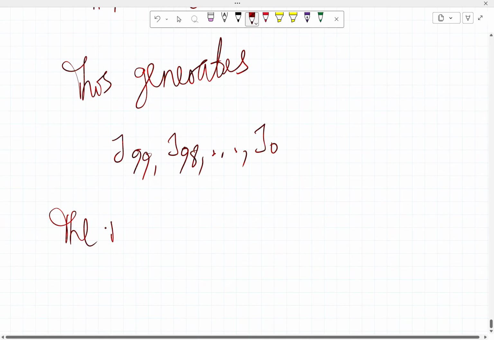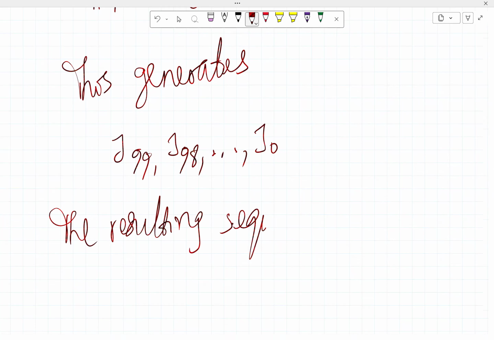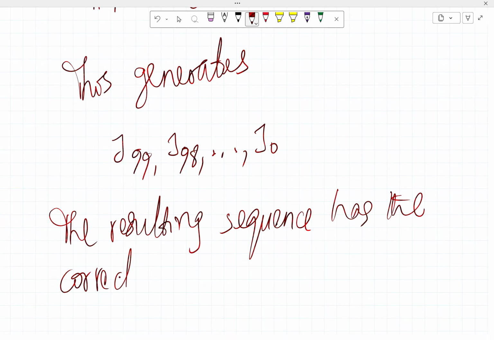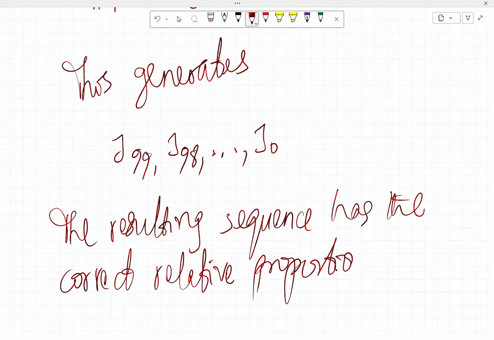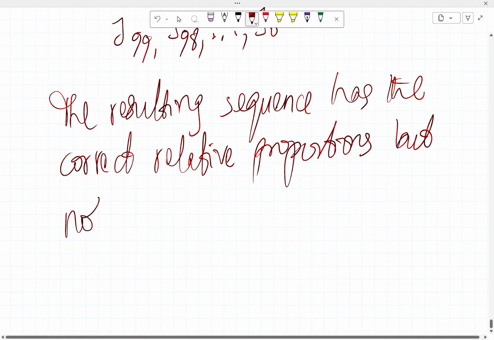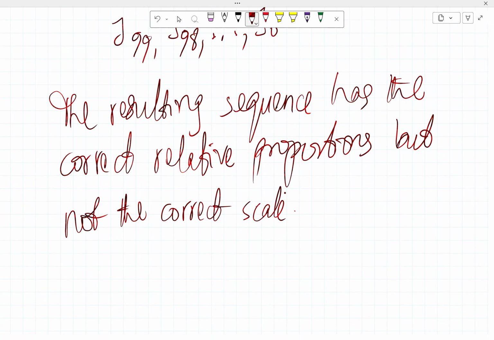And the resulting sequence has the correct relative proportions, but not the correct scale. That, and then we move on to step 4.